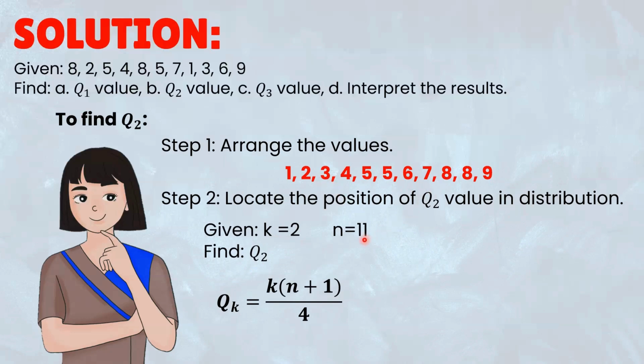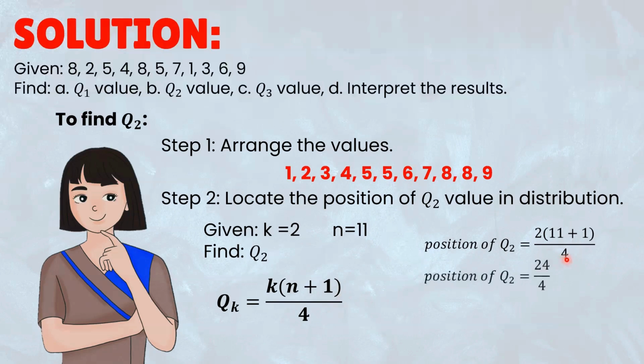Let's now substitute the given to our formula. Position of quartile 2 is equal to k is replaced by 2 times the quantity, n is replaced by 11, and then copy the rest of the formula, plus 1 over 4. We perform the operation. So 11 plus 1 is equal to 12 times 2.